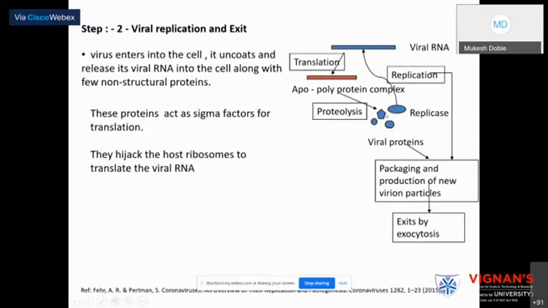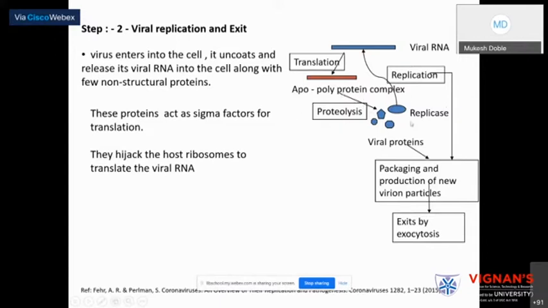Now it has many components which get packaged, and then there is an exocytosis, and the multiplied virus is sent out again. So there are many other proteins which take part in the replication, the 3CLP and the PLP and the replicase. So again, these could be possible targets for designing drugs.